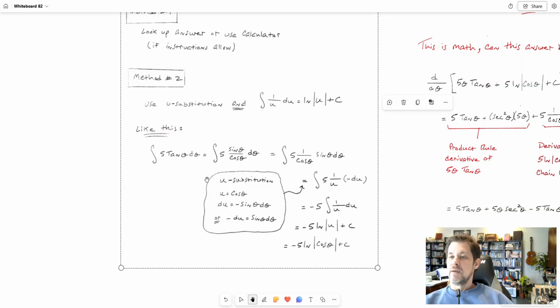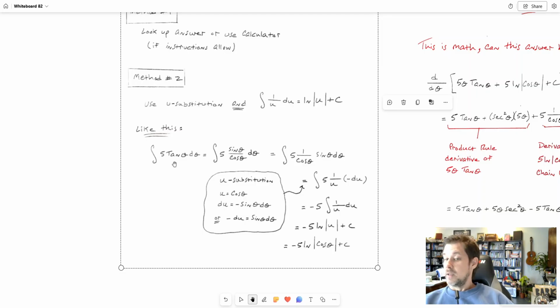So even if we use u substitution, there must be some foundational formula that we end up using. My goal at this point is to show you how u substitution can make this work. So how would 5 tangent theta ever possibly look like 1 over u du? How would it look like a fraction?